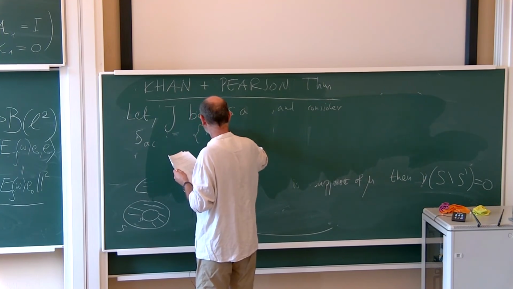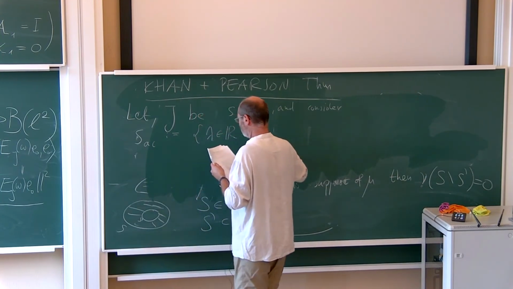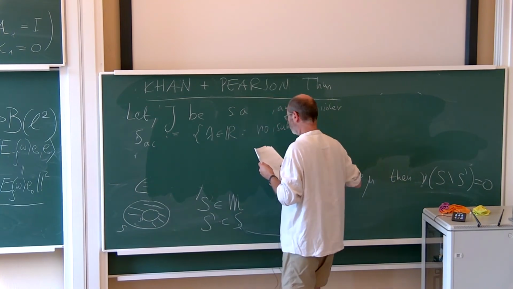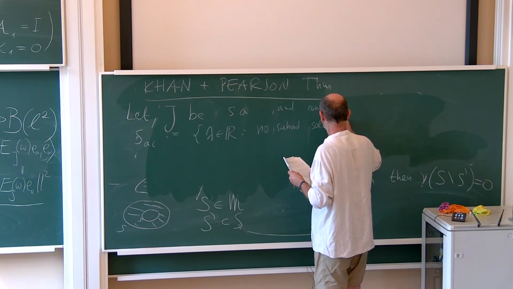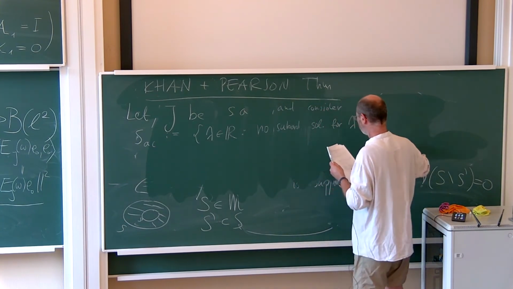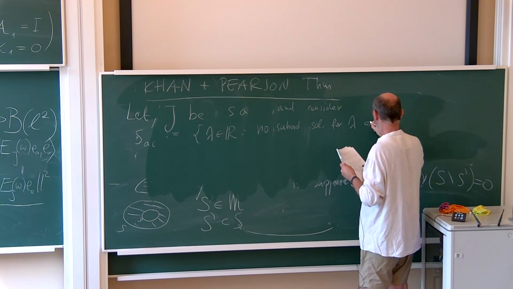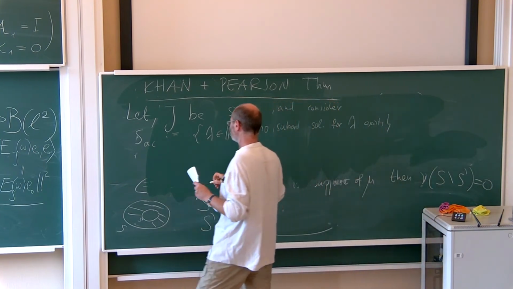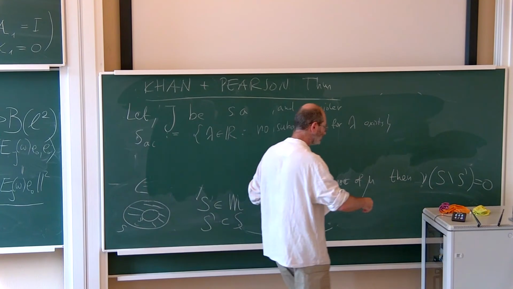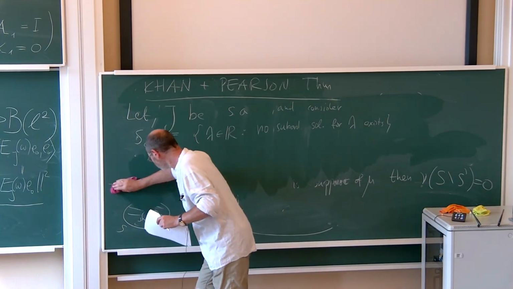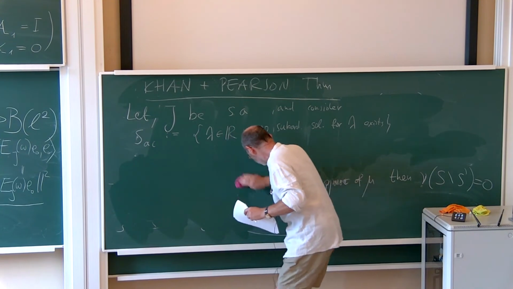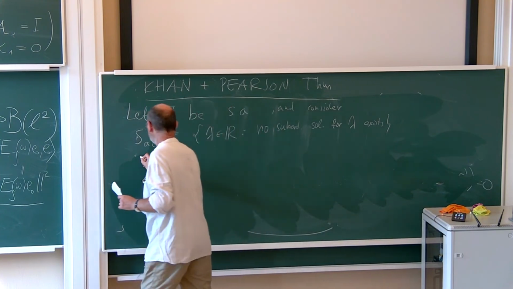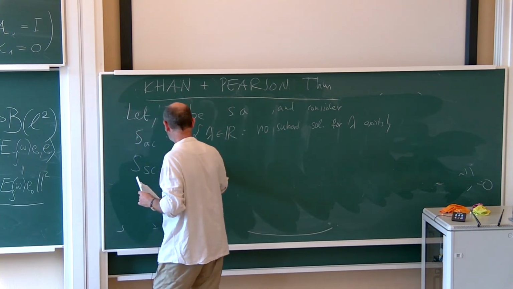And this is the set of real lambdas such that no subordinated solutions for lambda exist. There is no subordinated solution. This is one set. And the second is S singular continuous.